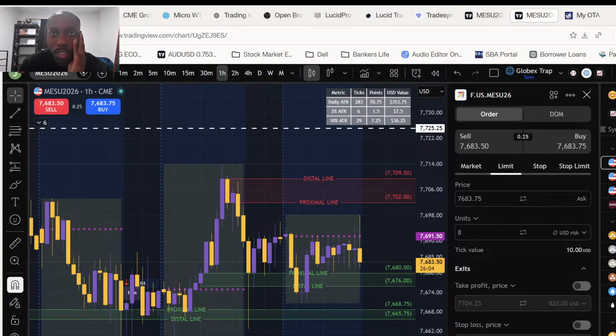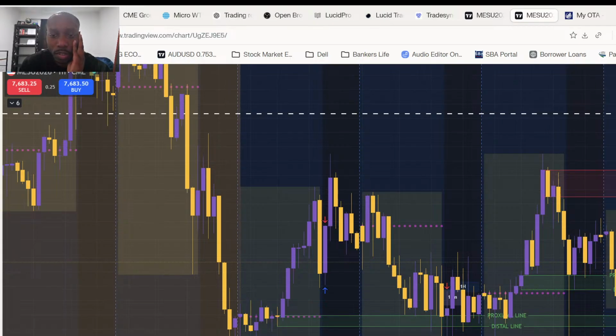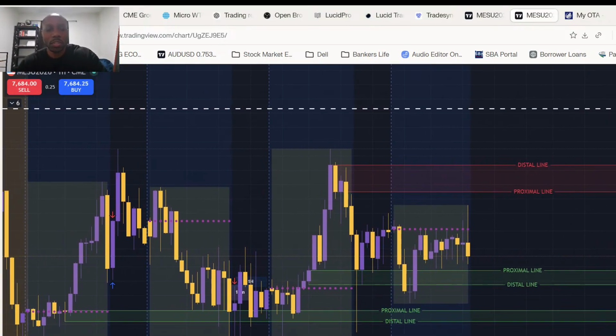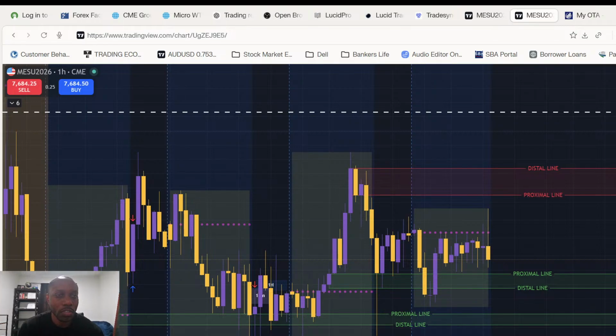I need to get a better view of my screen. That looks a little better. Just go full screen. Forget it. What if I move my screen over? Cool. So, let's move this down so you can see what I'm looking at.